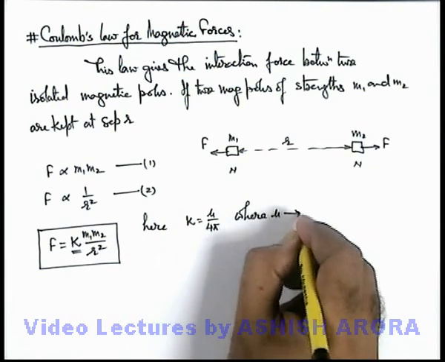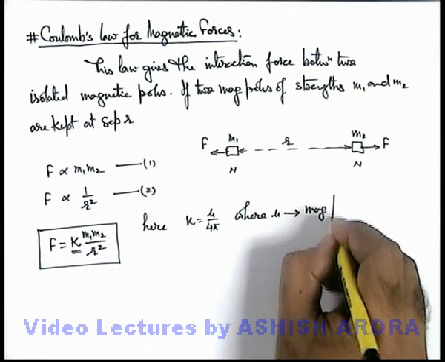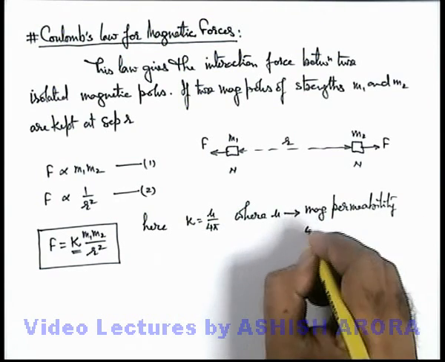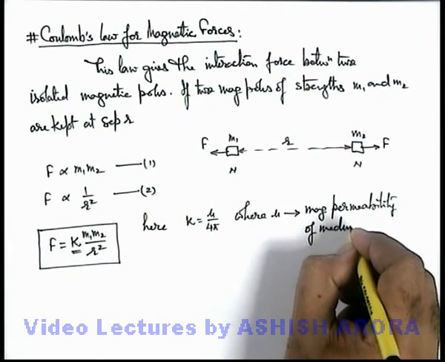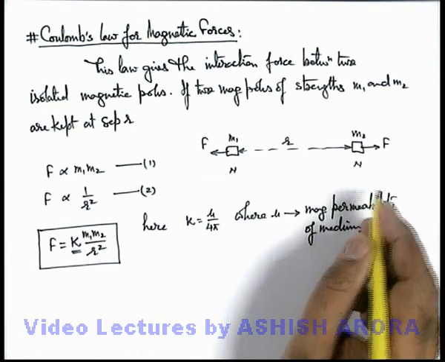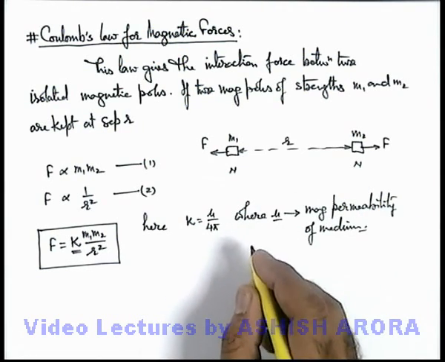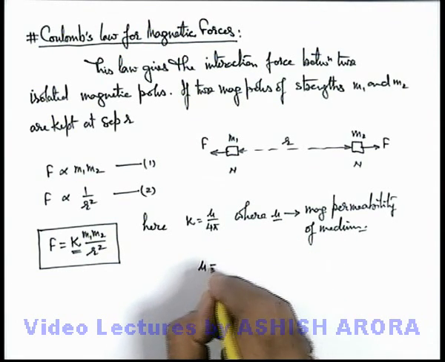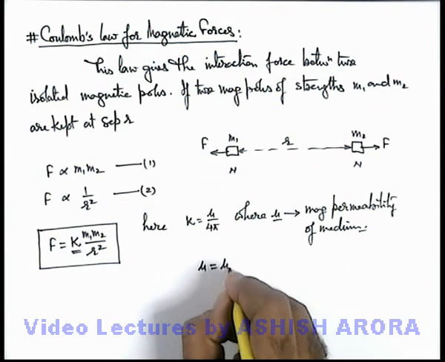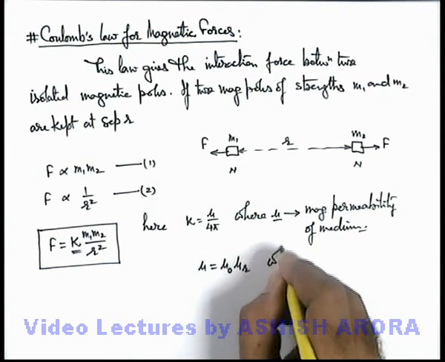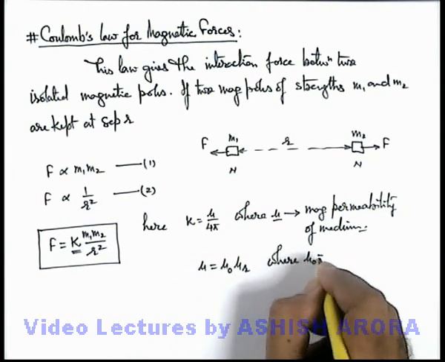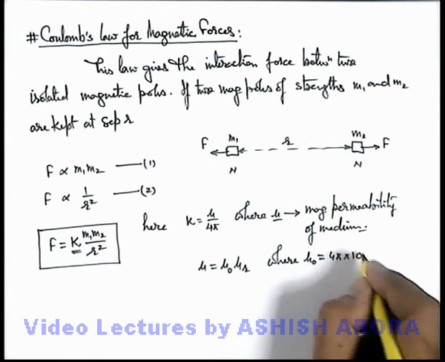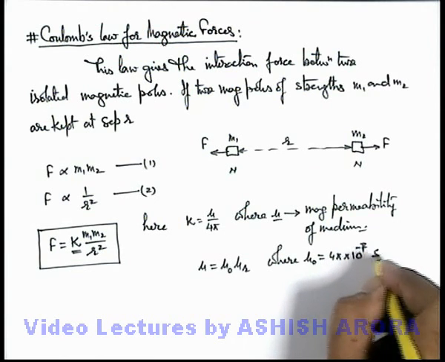where mu is termed as magnetic permeability of medium in which the magnetic poles are kept. And here, just like electric permittivity we have discussed in electrostatics, magnetic permeability mu can also be further defined as the product of mu naught and mu r, where mu naught is a numerical constant which is 4 pi multiplied by 10 to power minus 7 SI units.